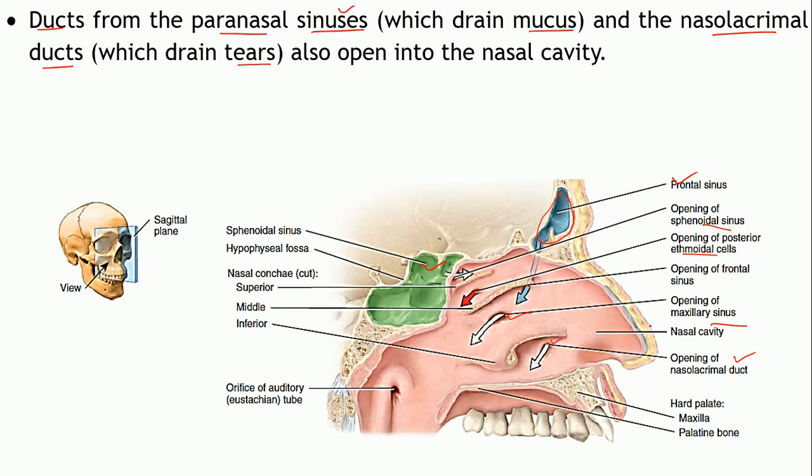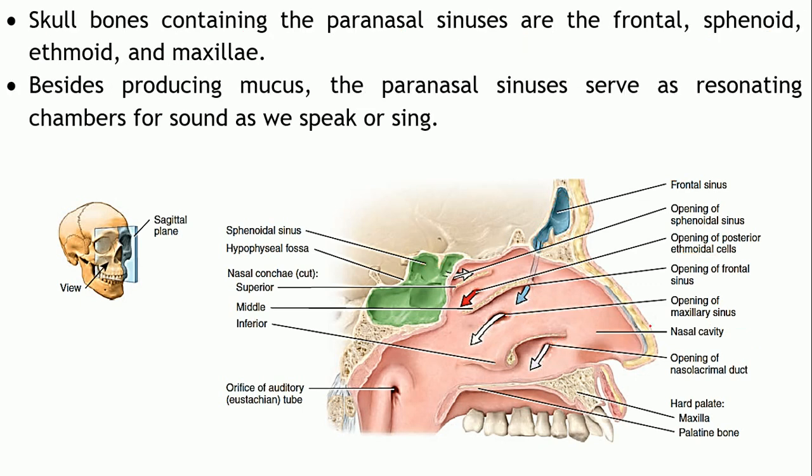So, the mucus which is produced over here, or the tears, will be conveyed into the nasal cavity through these ducts. Okay. So, these are the bones of the skull which contain the paranasal sinuses, that is the frontal bone, sphenoid bone, ethmoid bone, and the maxillae, as we have seen several openings.